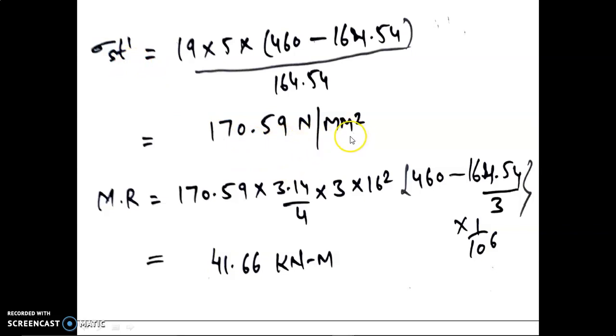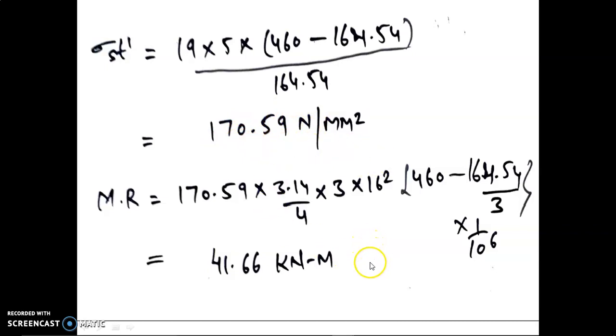If this is an under reinforced section, at that time we have to take sigma st as the value already given in our numerical problem, means 230 Newton per mm square. But this is an over reinforced section, that's why here we take sigma st dash as the value, and for that we have to find sigma st dash. So this is the value of sigma st dash. Now we have all values.